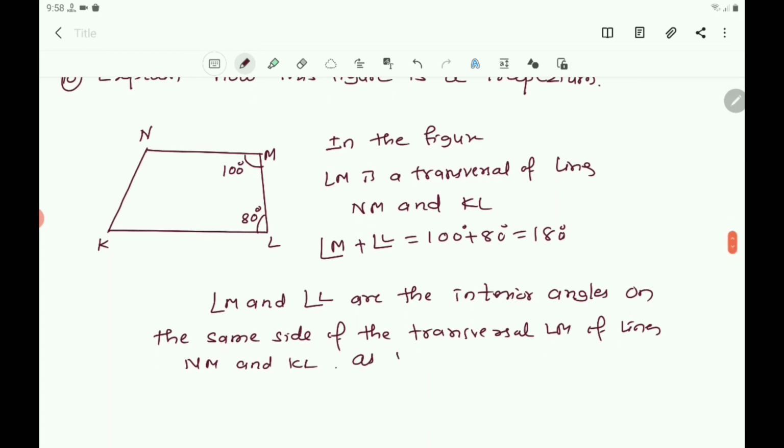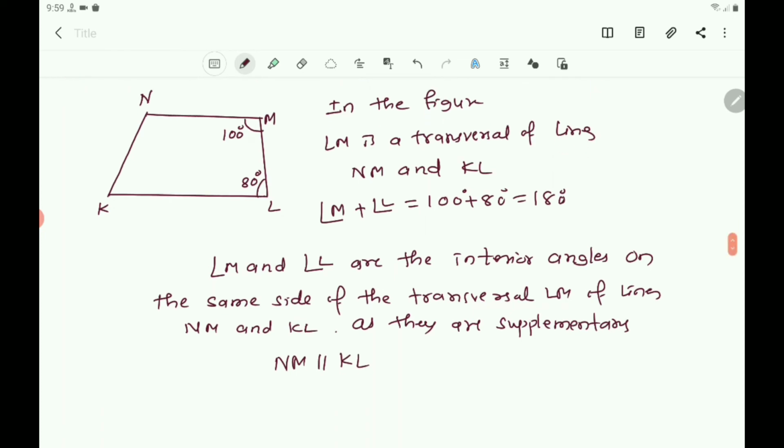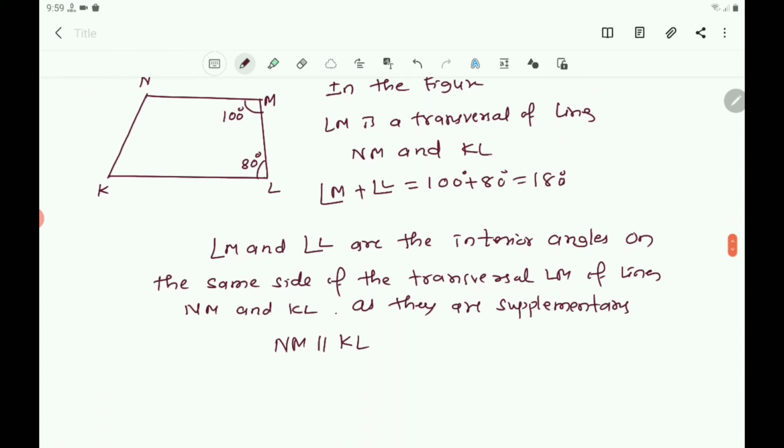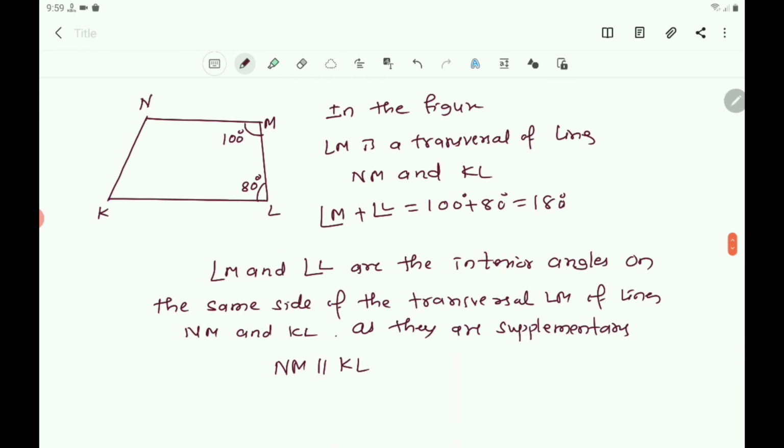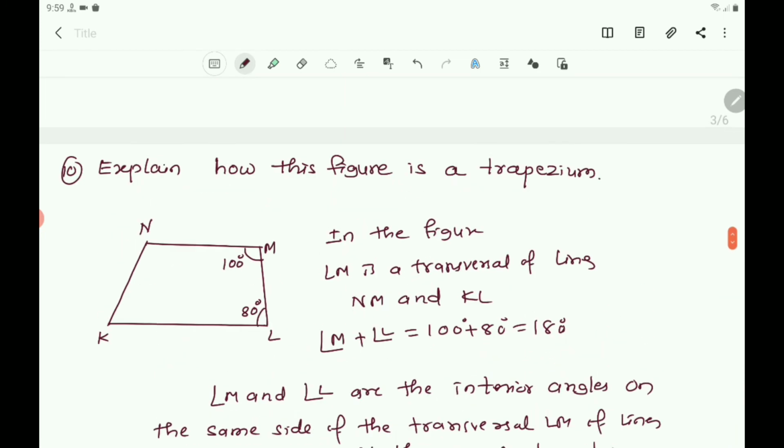As they are supplementary, you can say that NM is parallel to KL. As NM is parallel to KL, that means KLMN is a trapezium.